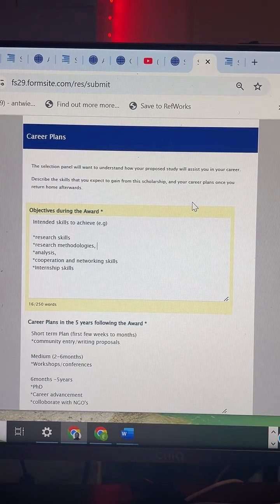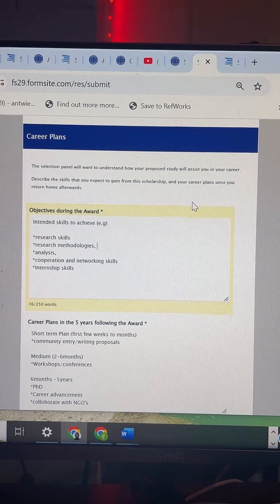So in this one, if we are still looking at teenage pregnancies, maybe you look at first educating the community leaders on the need for child education. So you look forward to using the skills to organize some workshops, some health talks at the community center.